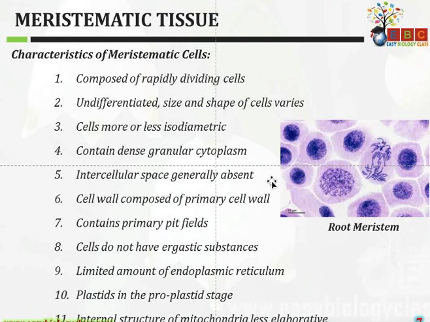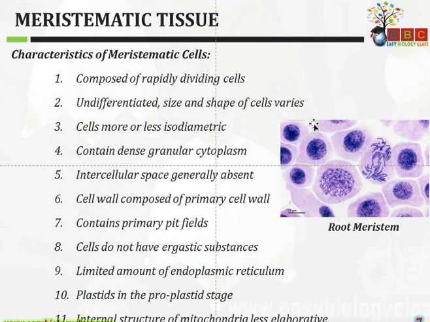So these are the characteristics of meristematic cells. They are composed of rapidly dividing cells that are undifferentiated, which means that they do not have a particular place to go yet or a particular function yet.